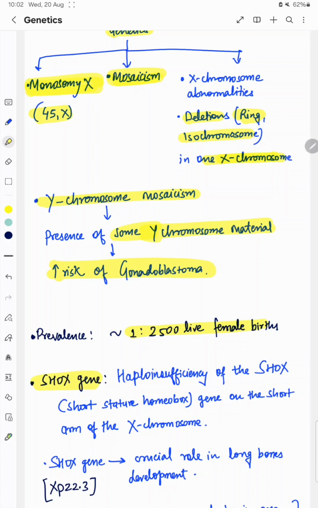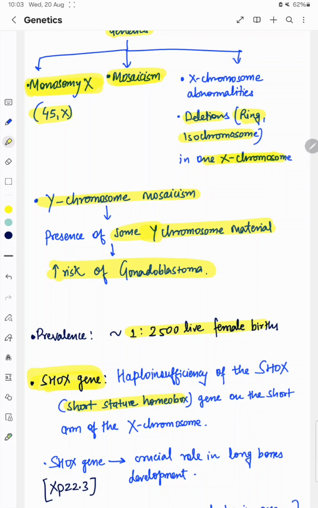The SHOX gene plays a very important role in the development of the Turner syndrome phenotype. SHOX stands for short stature homeobox gene. There is haploinsufficiency of the SHOX gene on the short arm of the X chromosome.